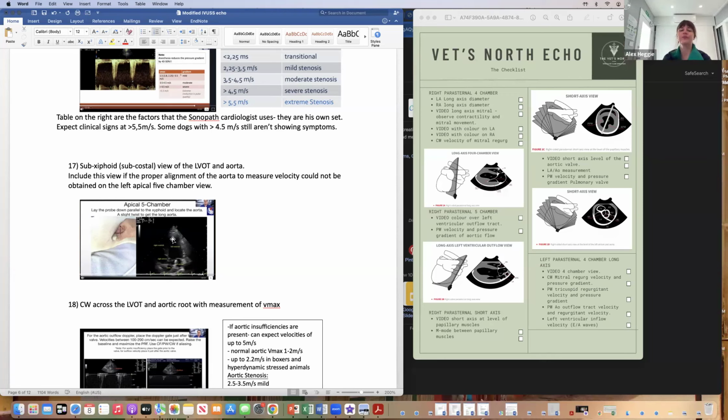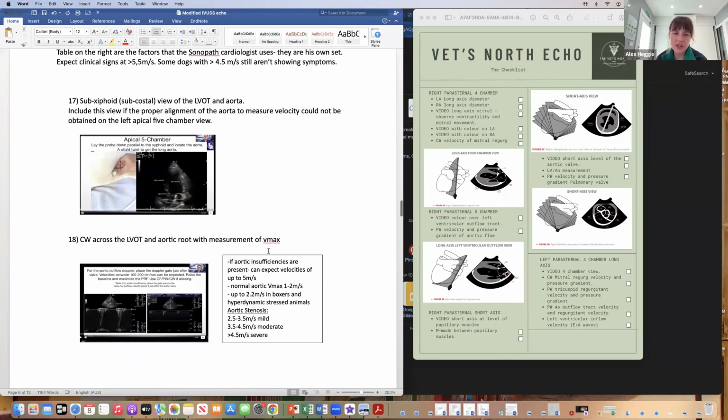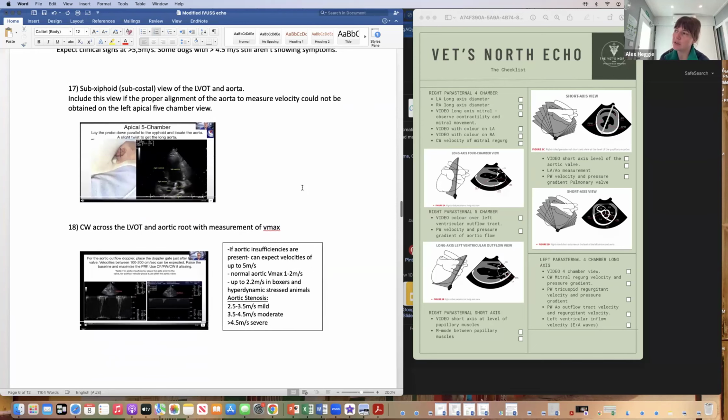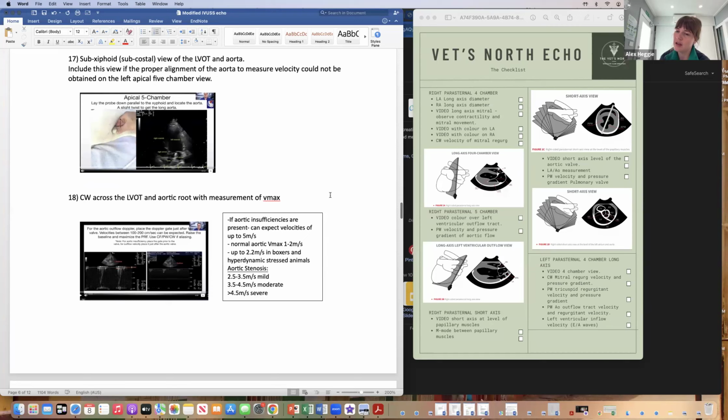Okay. And again, you can get a really nice left ventricular outflow tract and post-valvular velocity and really nail your diagnosis of aortic stenosis. I imagine that view is quite limited when it comes to deep-chested dogs, like Dobermans, where the heart might not be touching the diaphragm and you get lung in the way.